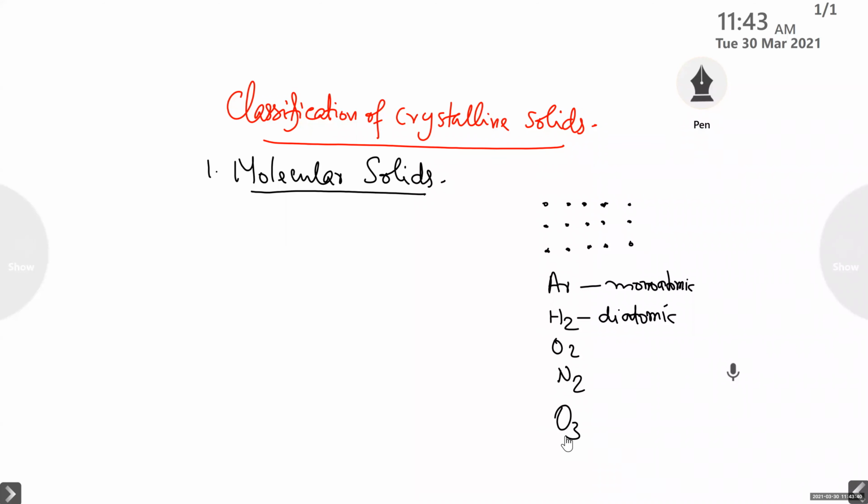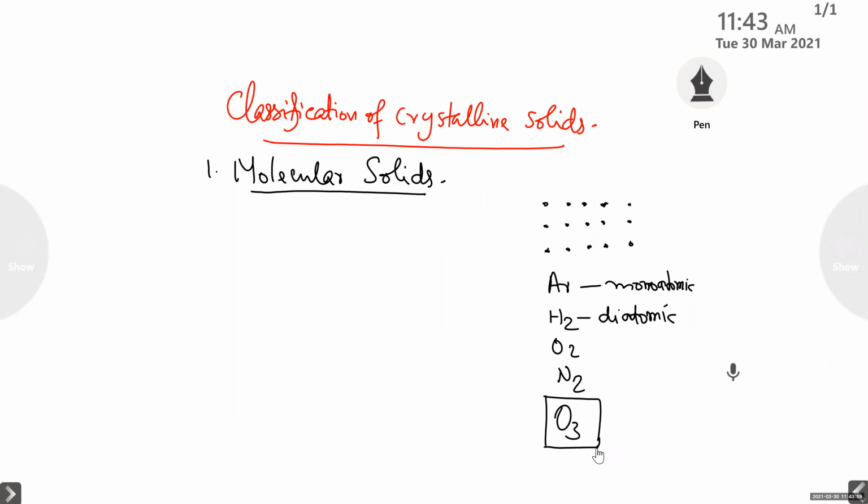Forget about O3, it is slightly different. Take the others, say argon, hydrogen, oxygen, nitrogen, etc. We know these are gases.